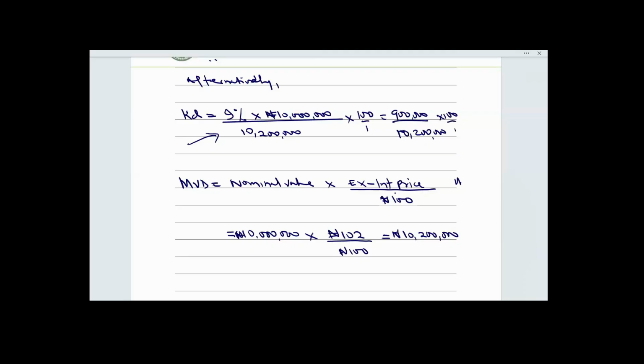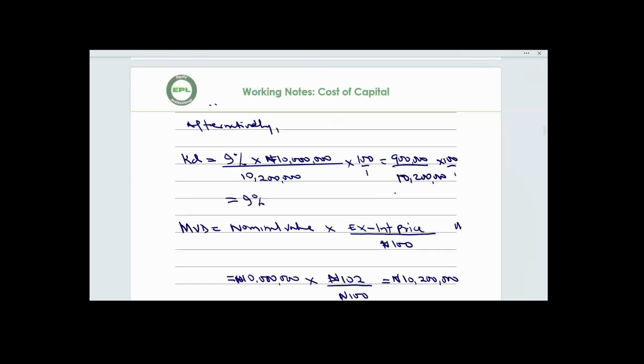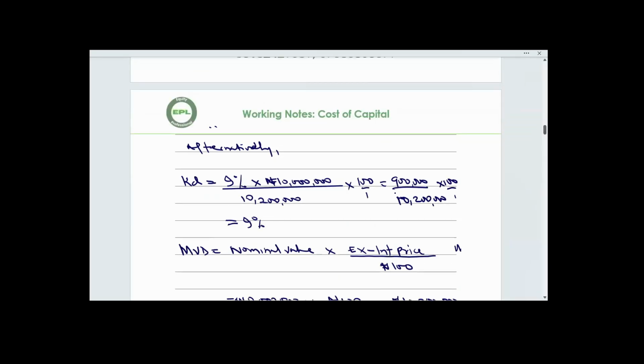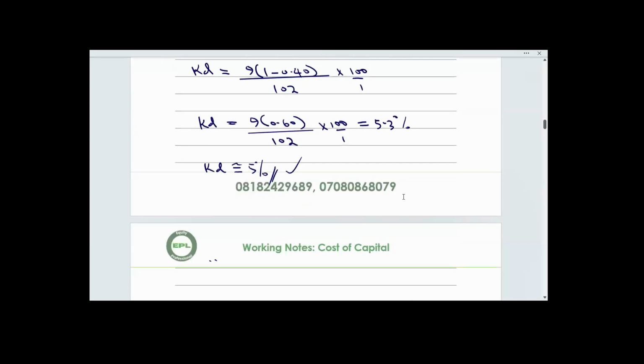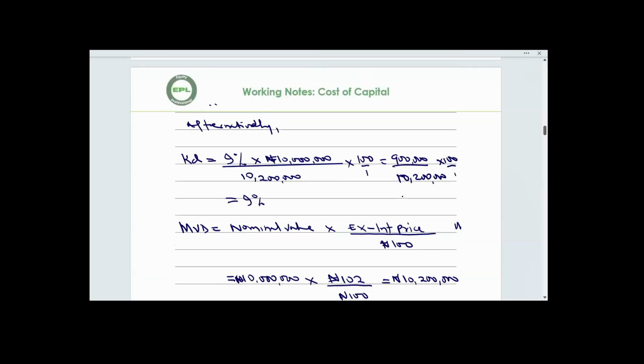So this will always give you the same amount as 9%. Okay, you can see all the stress we go through to get the same answer. That's what I said, that it's always better to use the par value. The par value is shorter. You don't want to be going through all of this. You are still doing this, your colleague has moved to the next question. So you need to avoid that.